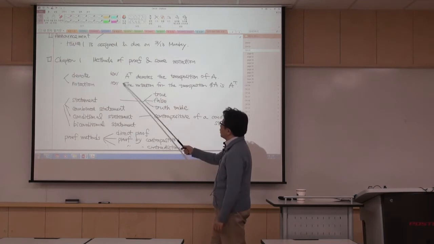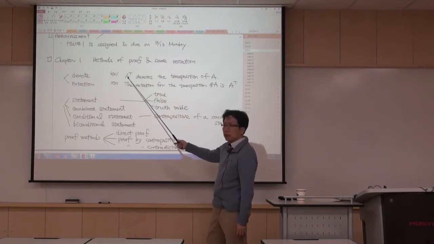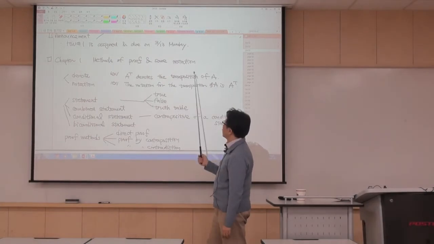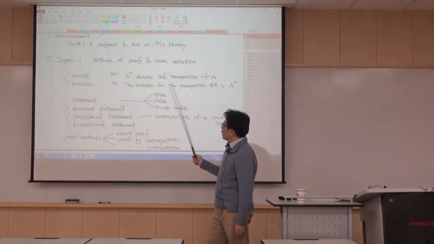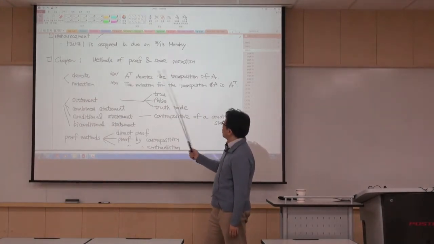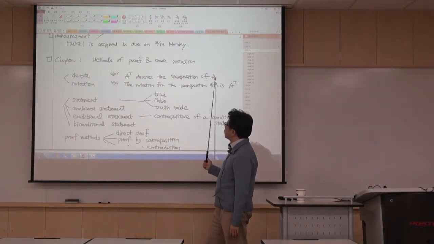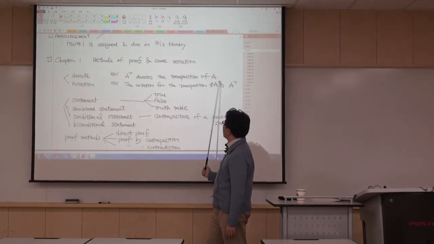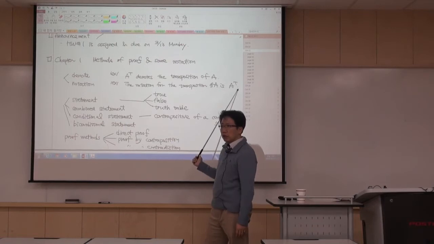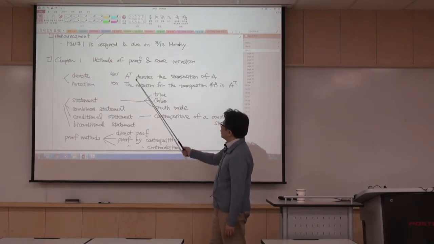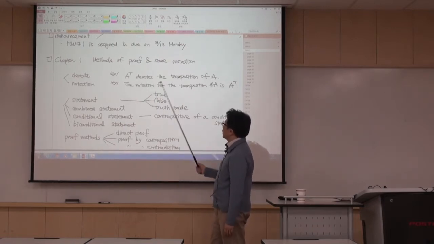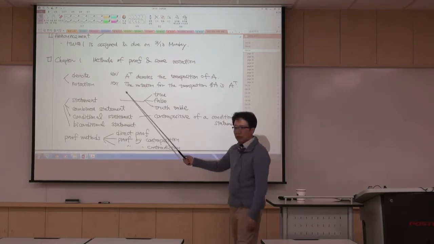But anyway, we may say that A superscript T denotes the transposition of A, and the notation for the transposition of A is this one. So you see the verb denote and the noun notation here.